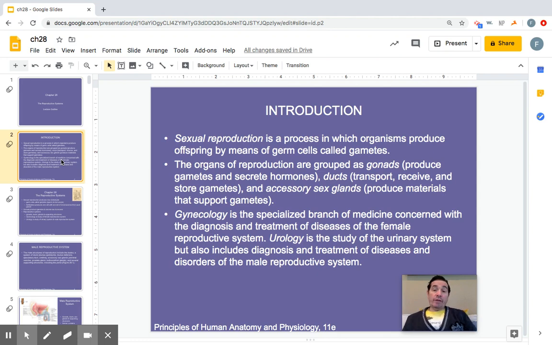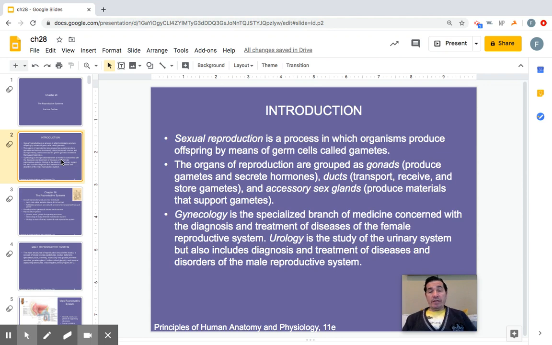Men will go to a urologist also for reproductive problems because the reproductive system and the urinary system in men merge together and the products of both go out through the urethra, as opposed to women. Females have two different openings. So basically, they are completely different structures. That's one of the reasons why most women, if they have a problem with the urinary system, may also go to a gynecologist instead. So I want you to realize that these are the specialties.